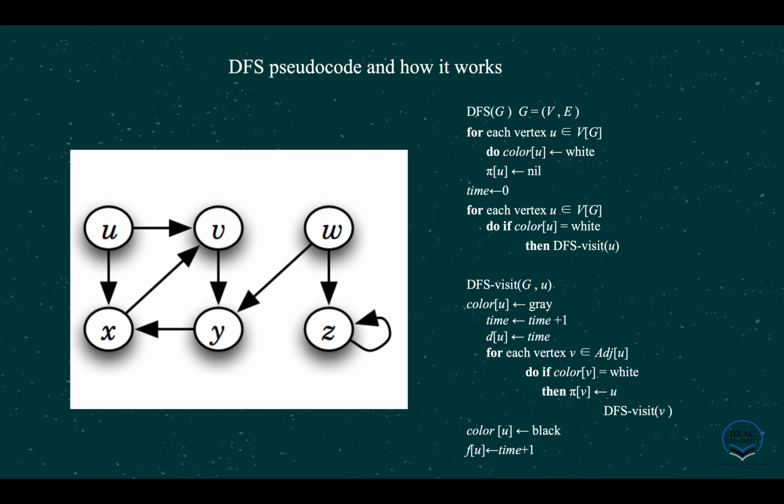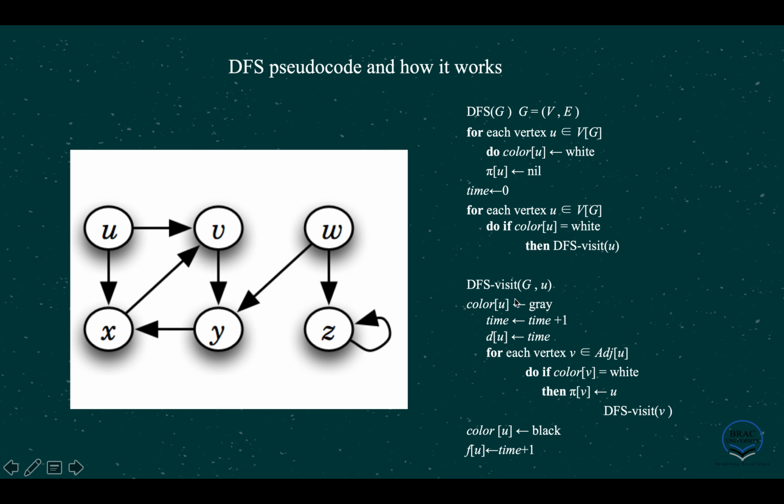So let's look at DFS pseudocode now and how it works. Let's start with the top. We have DFS function which has G as parameter. G stands for graph, and graph consists of vertices and edges. Now the first task is to initialize all the items we have.